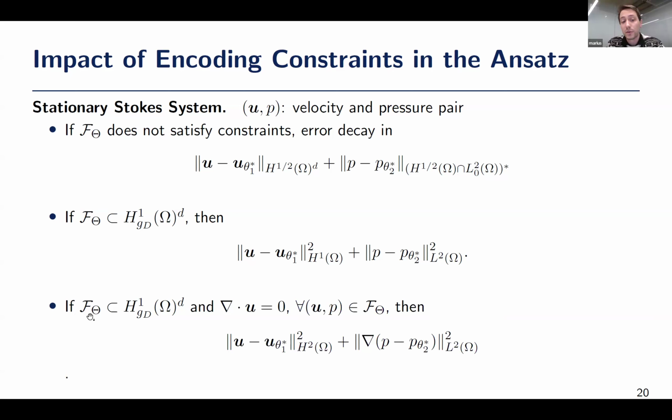If you happen to have an ansatz that is solenoidal and also satisfies the boundary conditions, then you get error decay and coercivity in the natural norms of the strong formulation. So we thought that this is an interesting observation and also interesting to quantify, because it is also observed in practice that encoding these constraints helps the training.